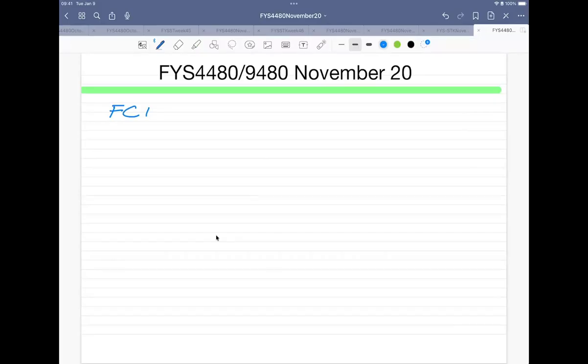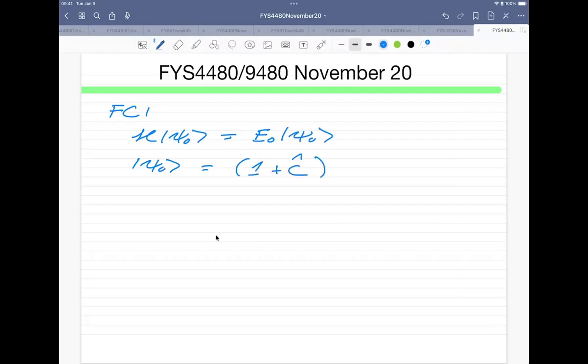So in the FCI case, if we now focus only on the ground state, then we have the Hamiltonian acting on psi zero. But this is a problem which is generic, so we can have any state if we want. And then we know that this wave function psi zero is a function which we could write out, when we use intermediate normalization, in terms of a correlation operator, which brings in the admixture from all the other Slater determinants.